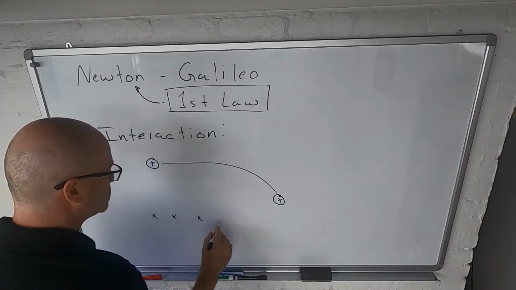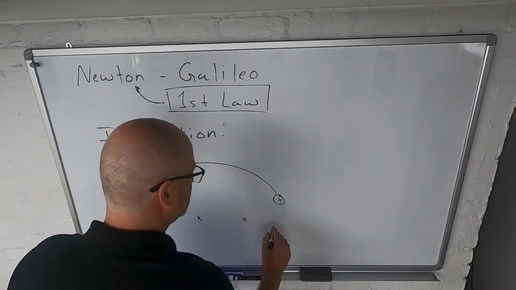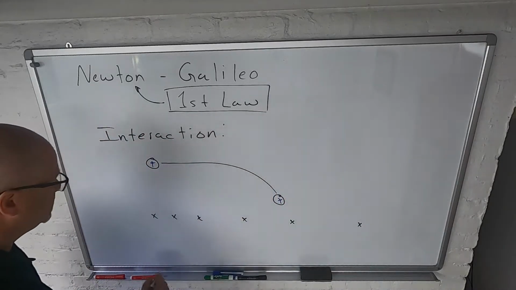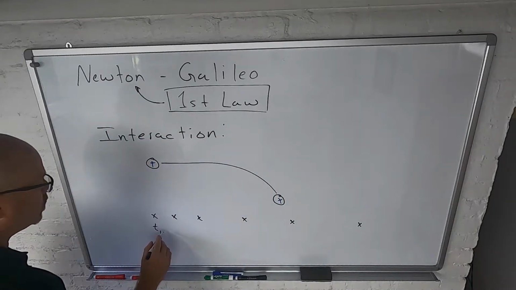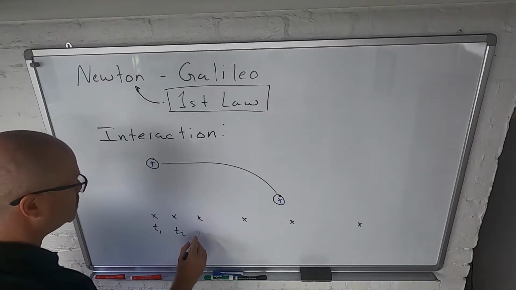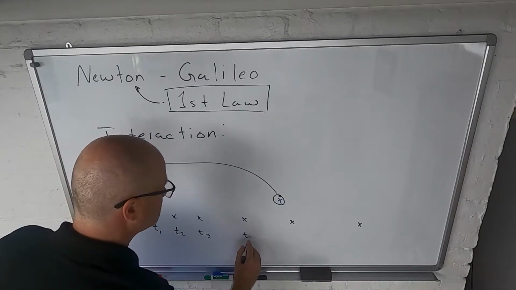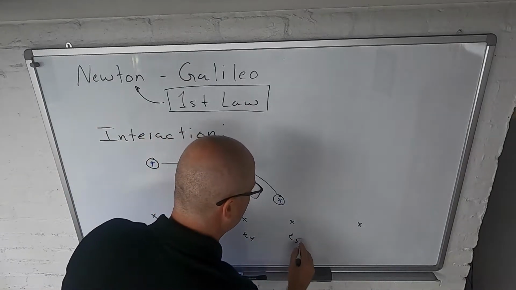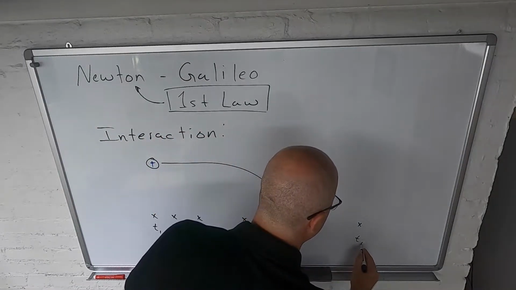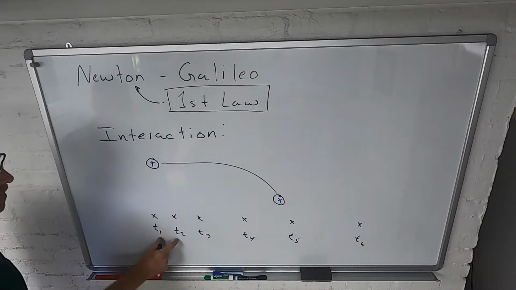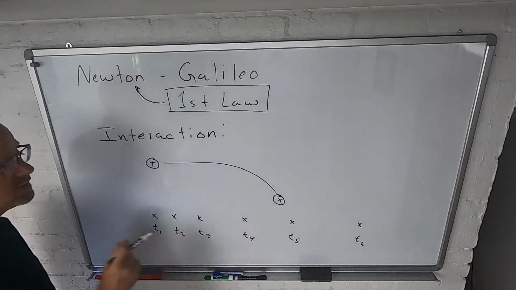We can say that some things may change in a way that we can directly see. So I'm going to show you a set of clips of a particle. This is its time t1, this is its time t2, this is its time t3, this is where it is at time t4, t5, and t6. All of these time points are equally spaced in time.